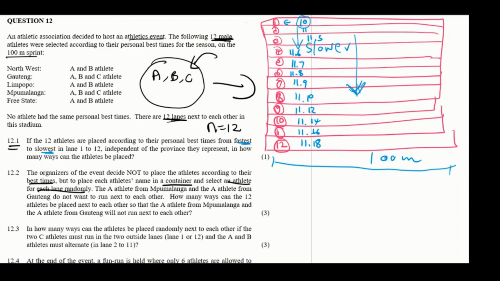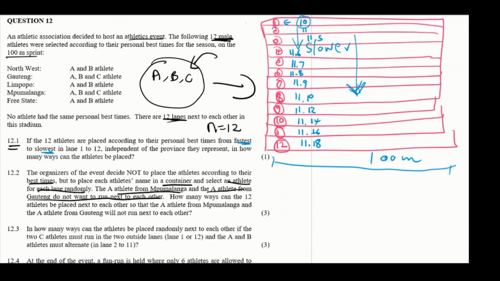The A athletes from Mpumalanga and the A athletes from Gauteng do not want to run next to each other. So let's say an athlete from Mpumalanga is here. So we need to consider that.